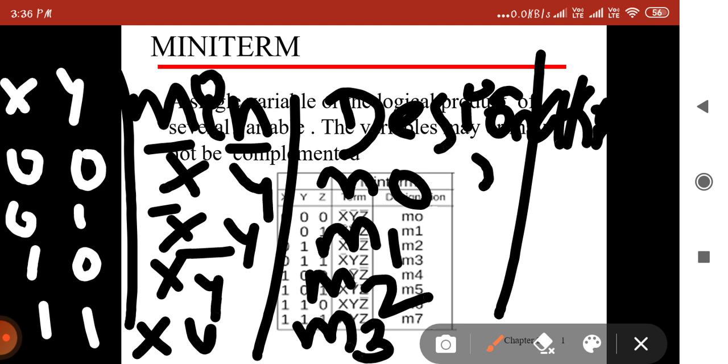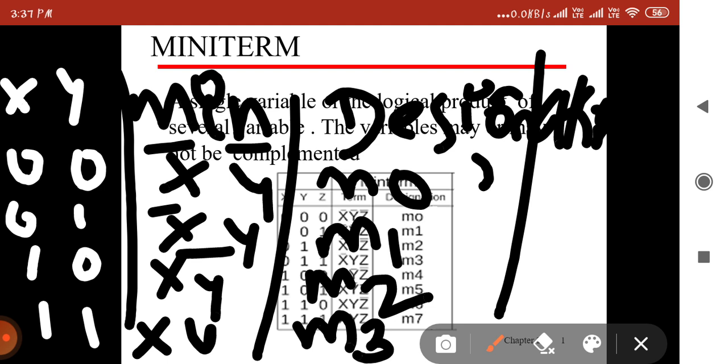Each of these four AND terms represents one Boolean expression term, and we call it a min term. A min term is a single variable or the logical product, the AND operation, of several variables.